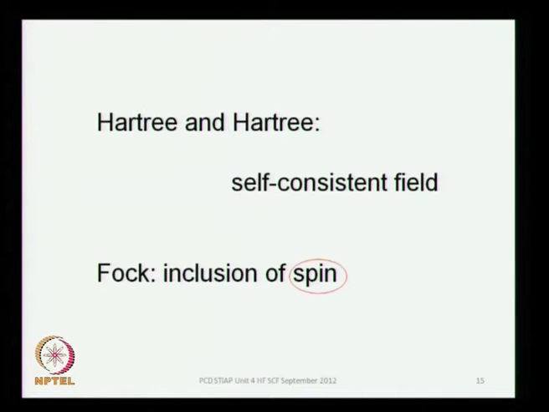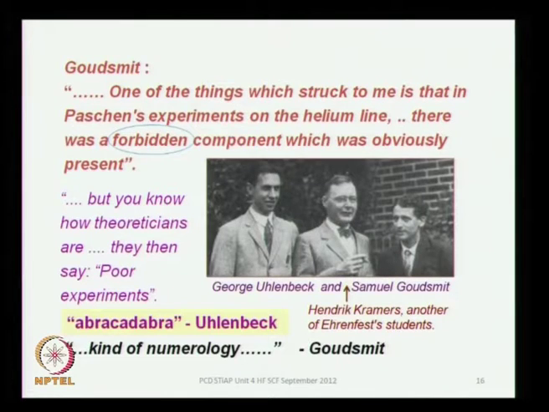So, Hartree and the son Hartree and the dad Hartree, they developed the self consistent field for electrons, but did not take into account the electron spin from the first principles, and then Fock included the spin as well. And I would like to remind all of you once again that spin is something which Uhlenbeck and Goudsmit hit upon accidentally when they were interpreting certain experimental results in Paschen's laboratory, because they saw some transitions which seemed to be forbidden.